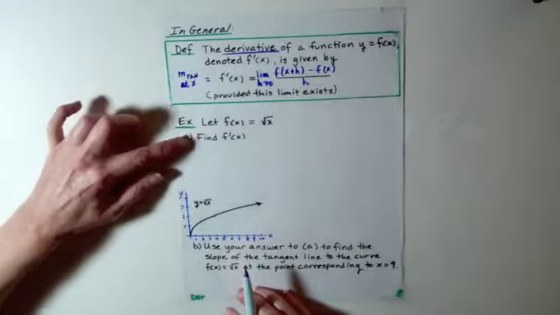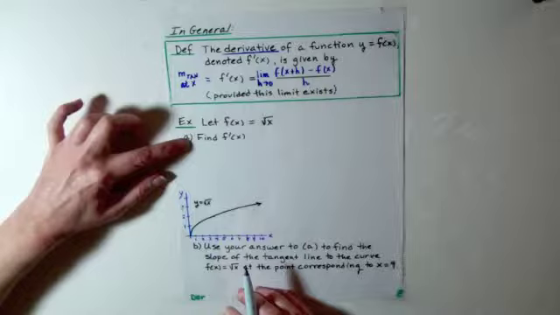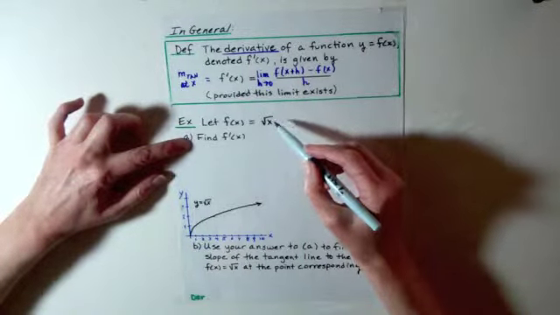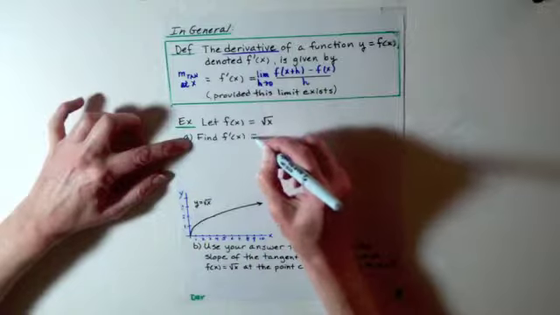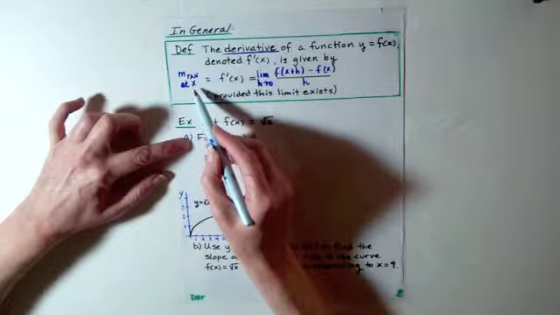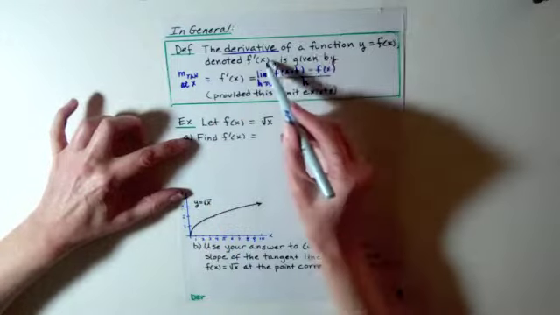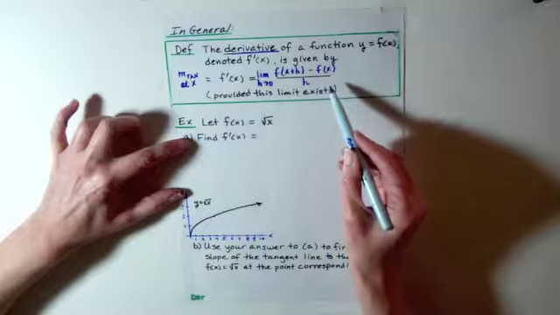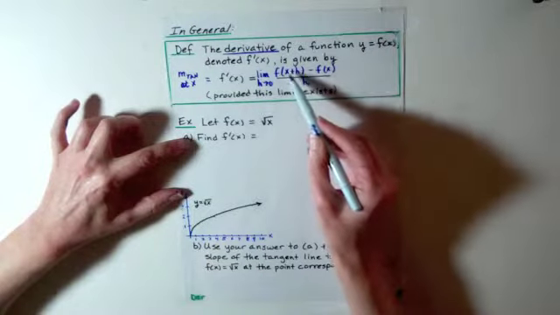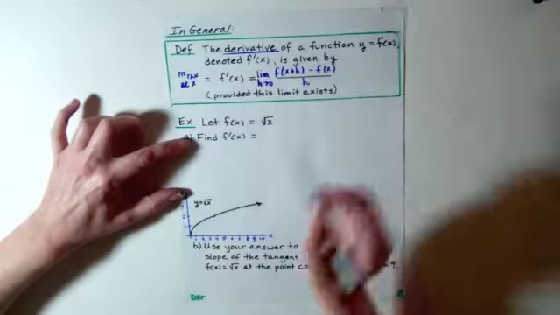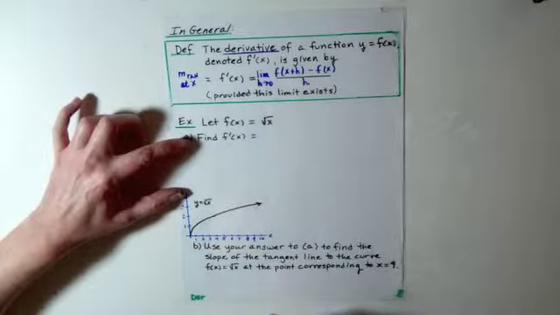We are asked to find the derivative of this function, square root of x. Remember, that's really the same as finding the slope of the tangent line at a general value x, and we just plug into this formula. It looks exactly like our formula for the slope of the tangent line at a, the only difference being that instead of an a, we have an x in place of the a that we had way back in our original formula.